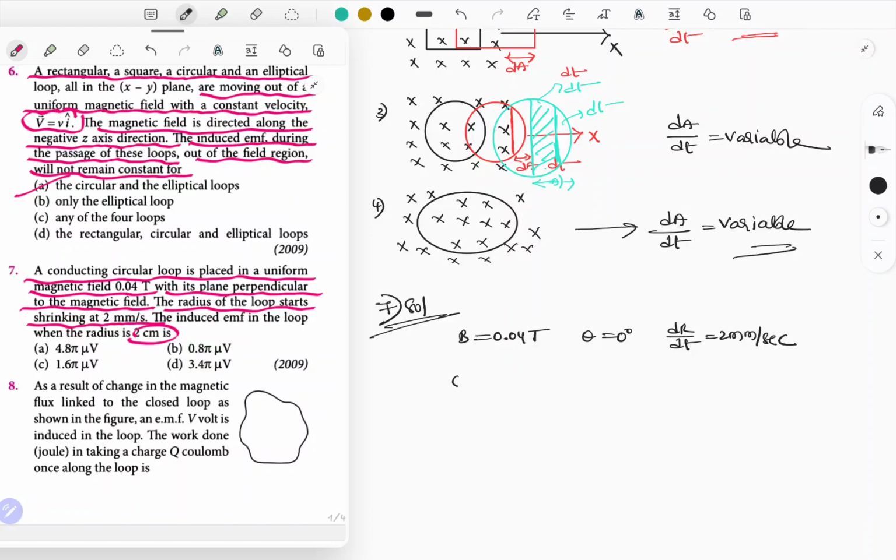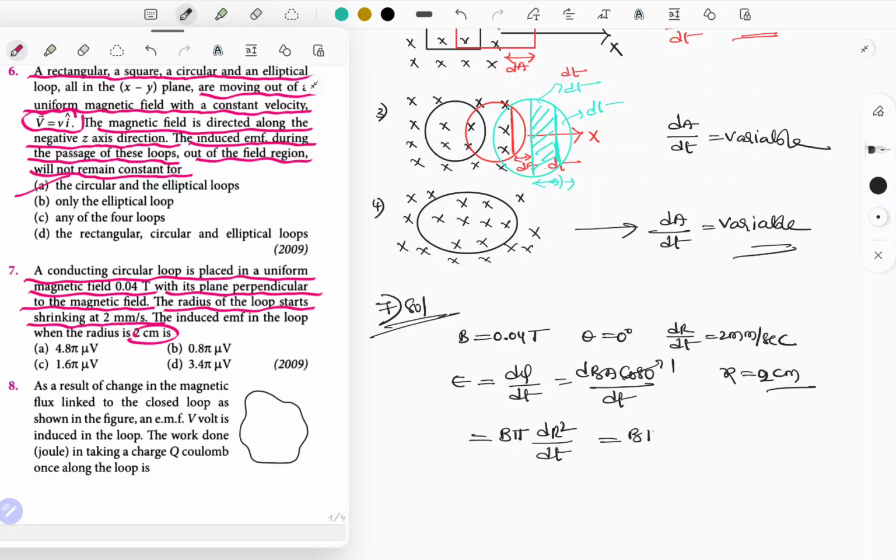They're asking induced EMF and our radius is equal to 2 centimeter. So at this condition they are asking induced EMF. EMF is equal to d phi by dt, where phi is B A cos 0 divided by dt. Cos 0 is 1, B is constant, pi is also constant, d r square by dt will be there.